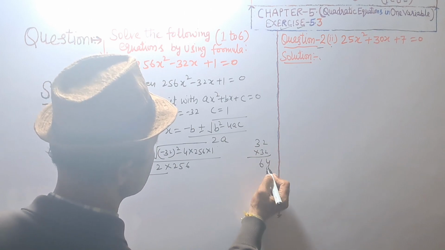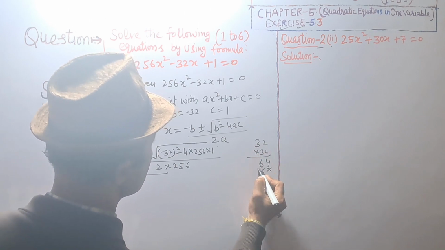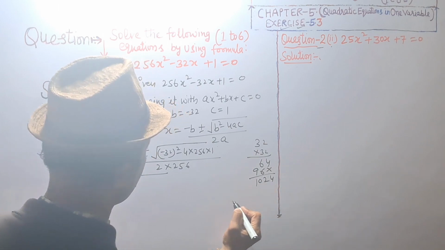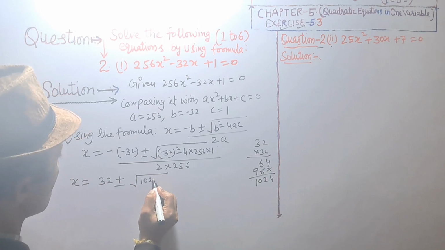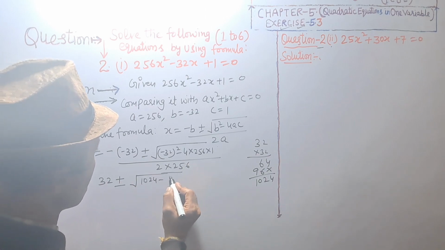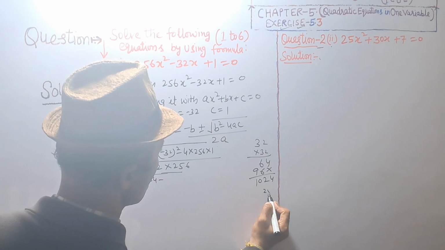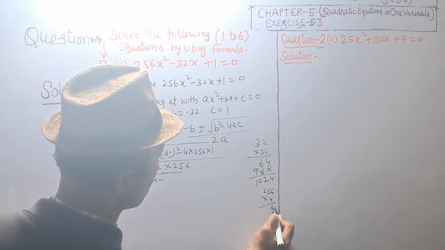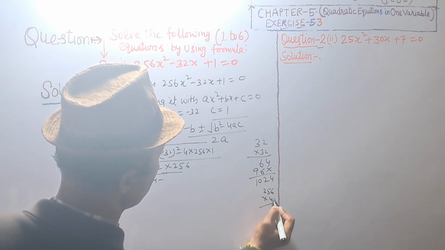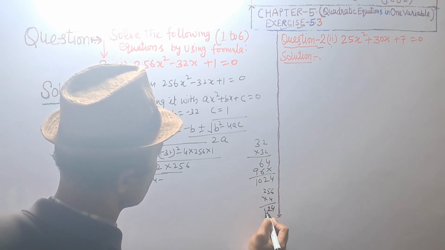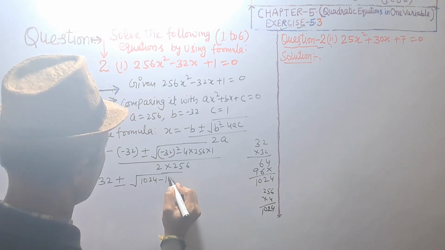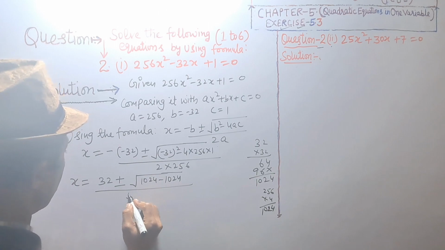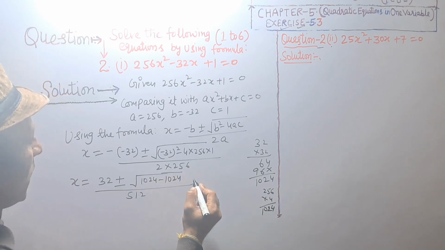32 into 32 is 1024 minus 256 into 4, which is 1024, divided by 512.